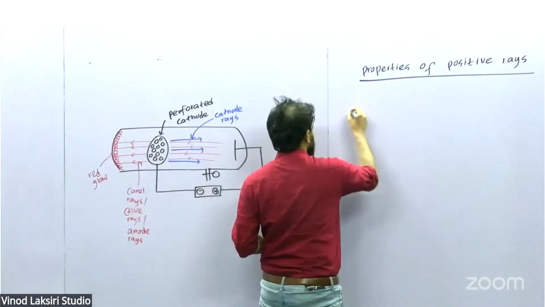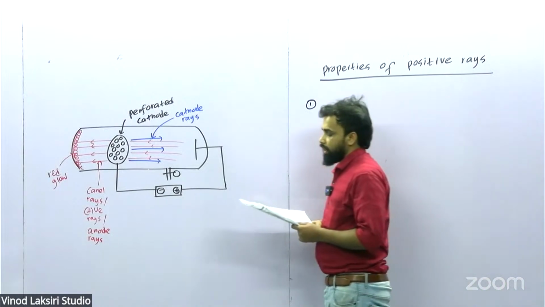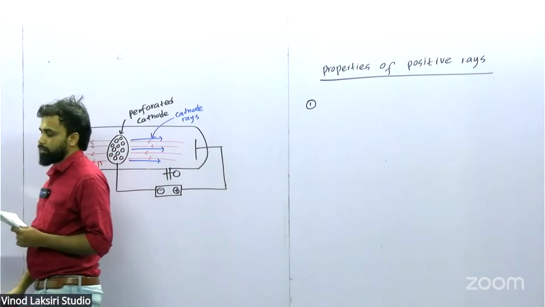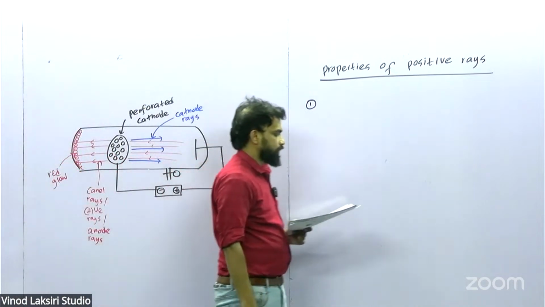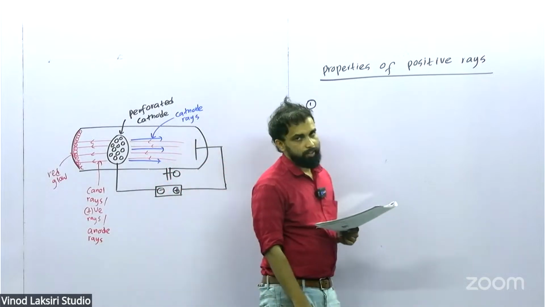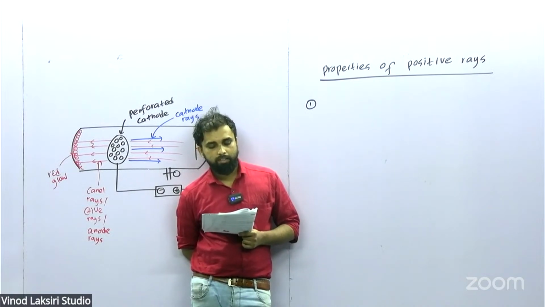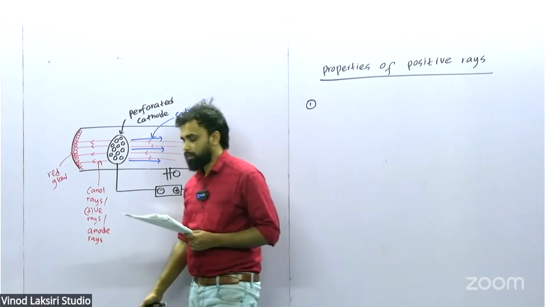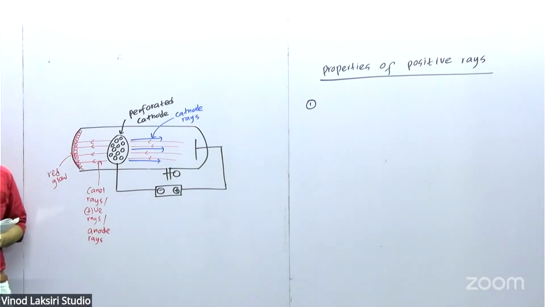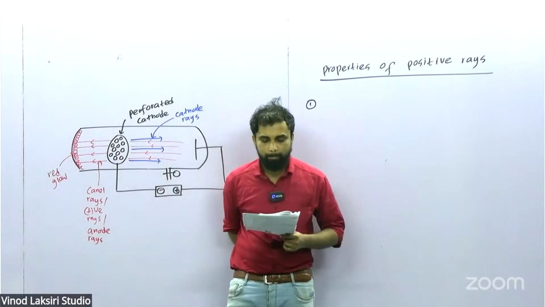Write down the first one: they travel in a straight line and cast a shadow of the object placed in their way.